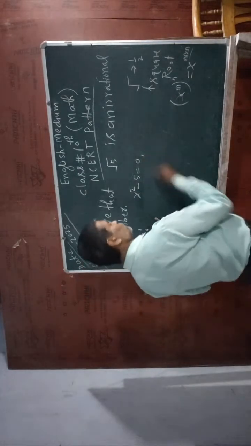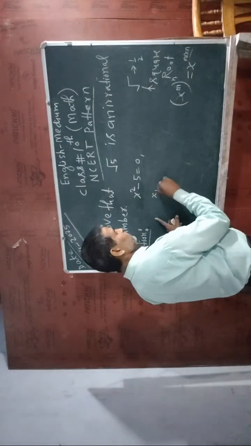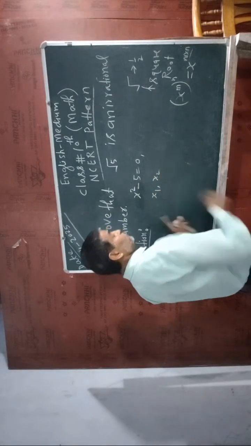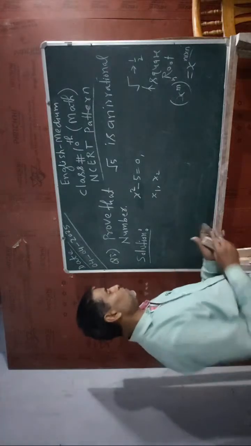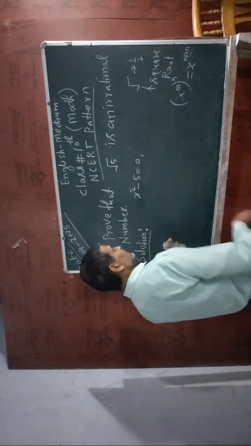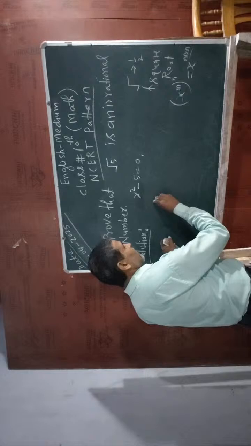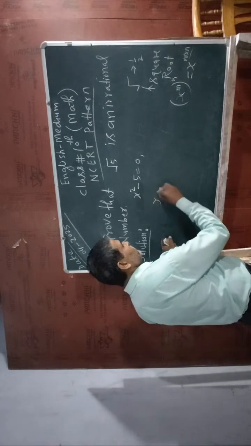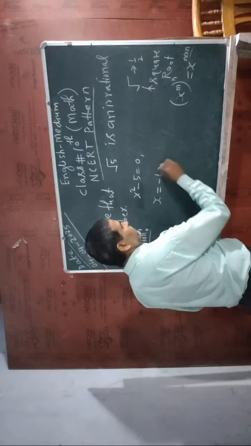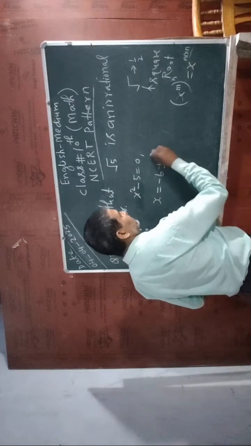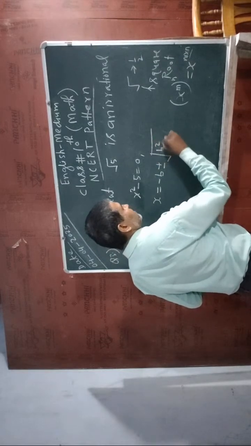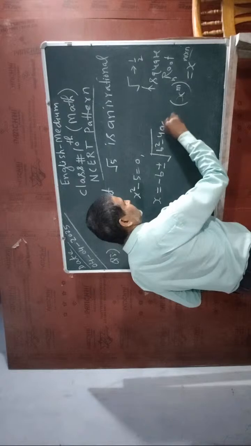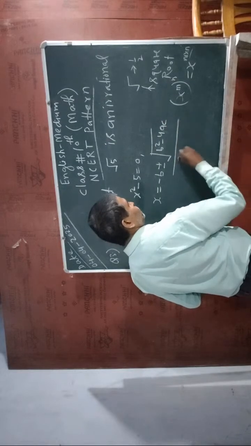Its one root will be x1 and the other will be x2. I will use the formula, and then I will find its value. x is equal to minus b plus minus root under b square minus 4ac, divided by 2a.